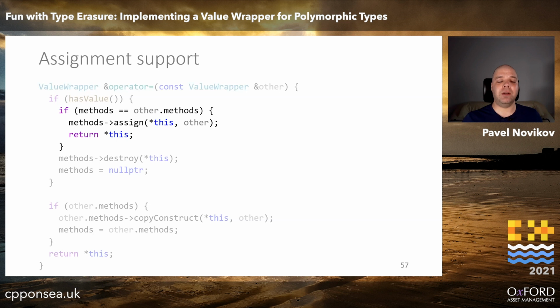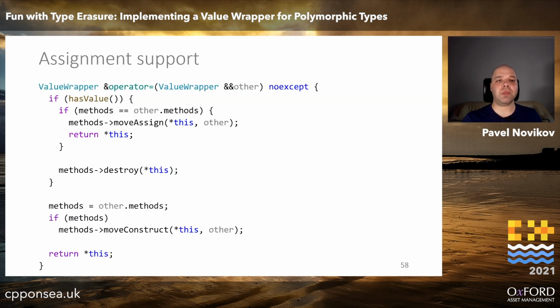We can do that by comparing the pointers to methods. If the types are the same, the pointers to methods will point to the same function tables. And if they are the same, we can call our assign method. And we just short circuit this whole function and just return.